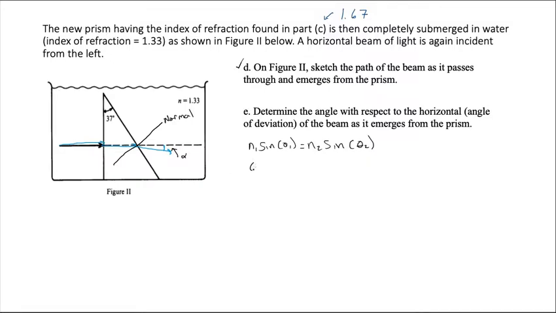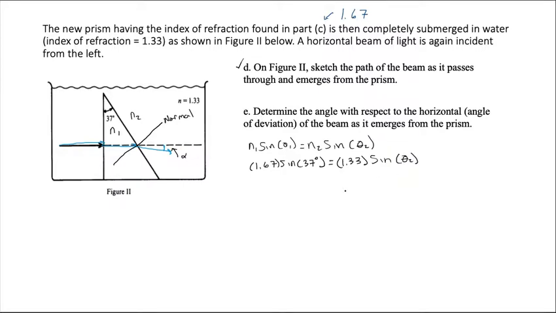In this case, n1 is in the glass, or in the material, and n2 is outside, so 1.67 sine 37 degrees. The path hasn't changed, this angle hasn't changed. What has changed is the alpha, the outgoing angle. And n2 in this case is 1.33 sine of theta 2.